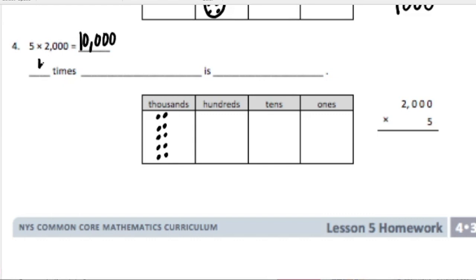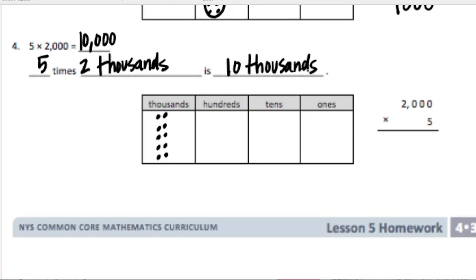In unit form, that would be 5 times 2,000 is 10,000. Or 10 thousands.